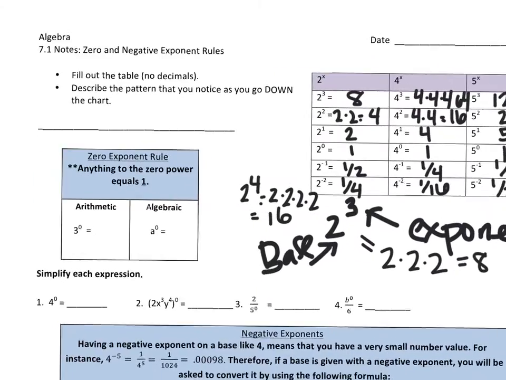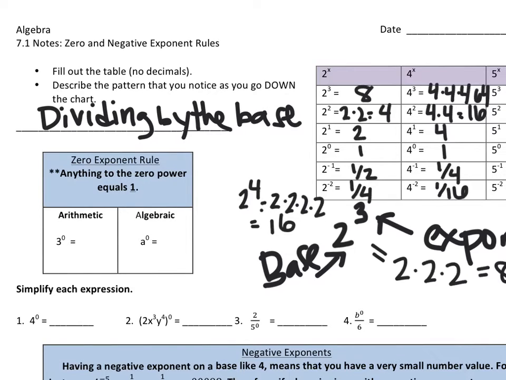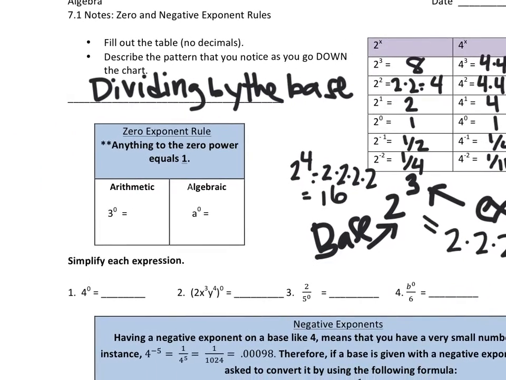Okay, let's go ahead and take a look over here on the left. So the pattern as you go down the chart is that you are dividing by the base. Now you'll also notice if you take a look at your chart, anything to the 0 power, no matter which base you had, 2, 4, or 5, you ended up with 1 as your value when 0 was the exponent.